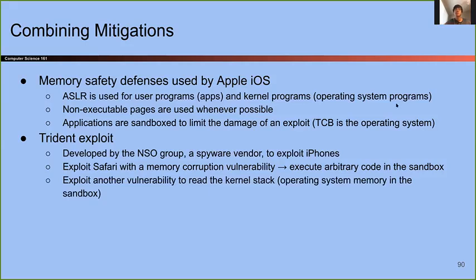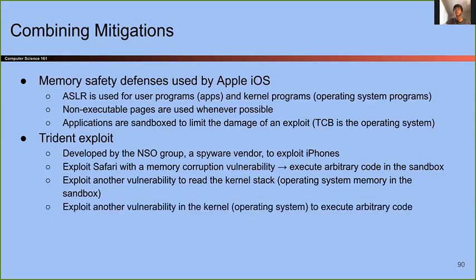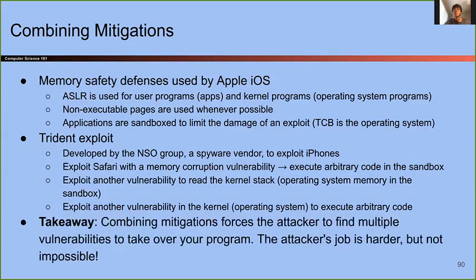Then they exploited another vulnerability in order to read the kernel stack. So they are able to read memory in the operating system through some other vulnerability. And they were able to exploit another vulnerability in the kernel to execute arbitrary code. So they needed 3 separate exploits to actually be able to break into the iPhone, basically.